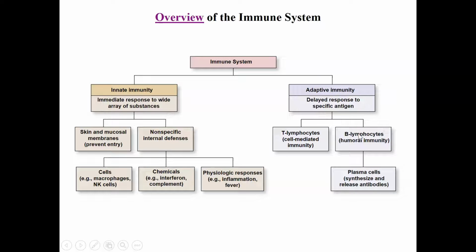The B lymphocytes are involved in making cells called plasma cells, which are the actual cells that make the antibodies. We'll talk about this in the second half, and our target in the first half is mostly going to be innate immunity.